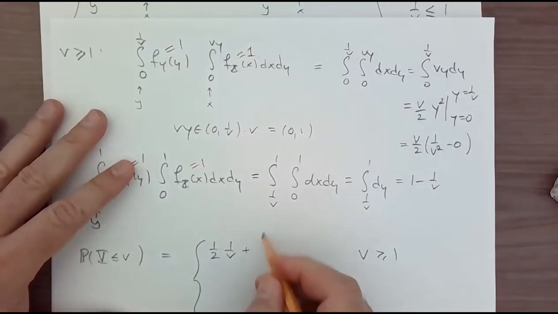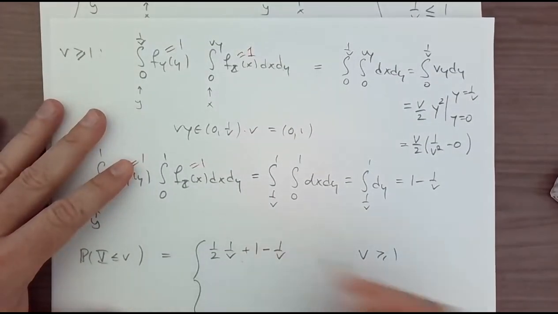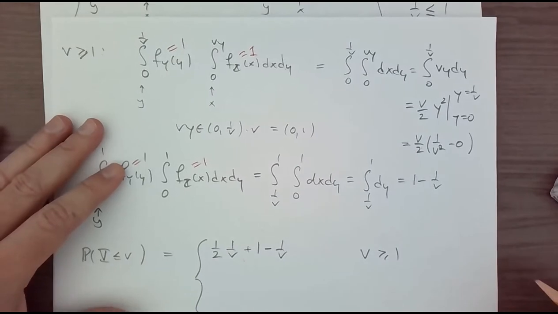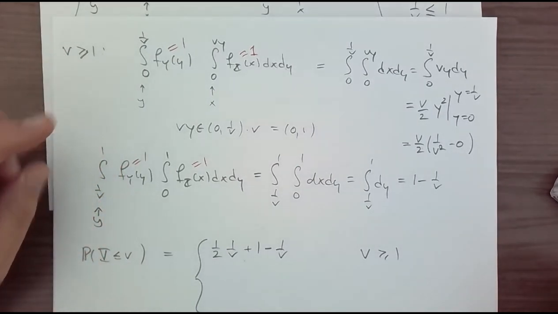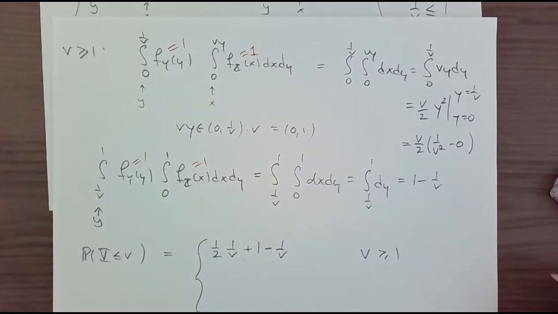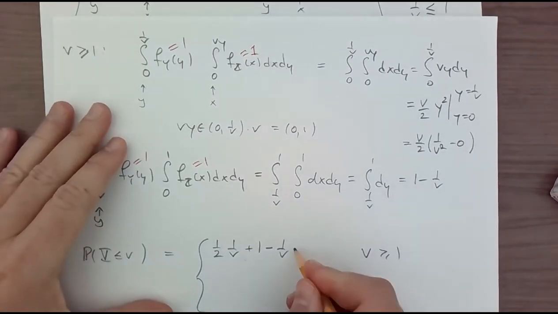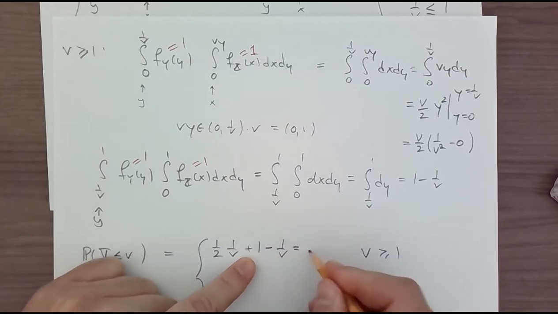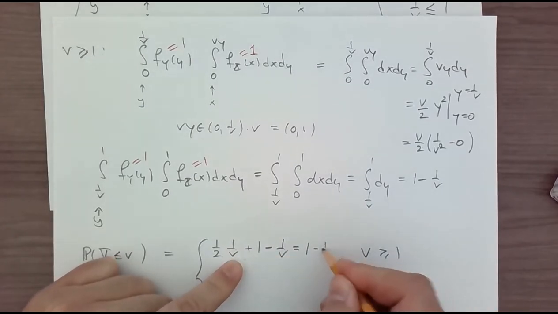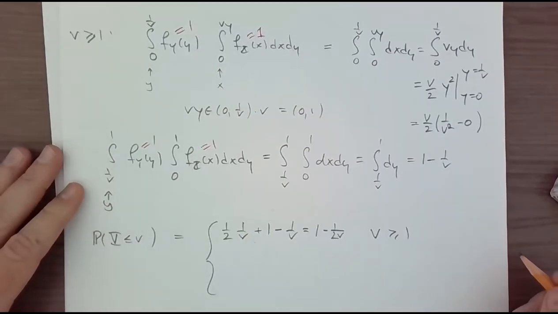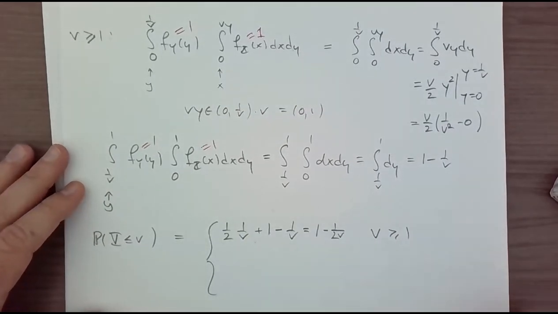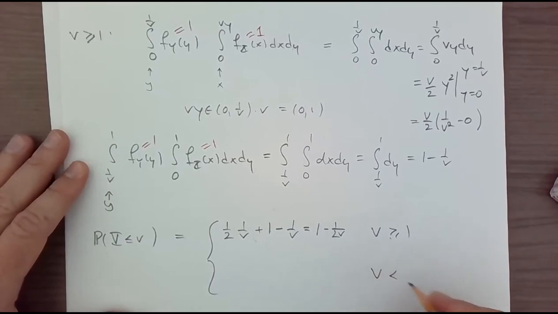The second one was 1 minus 1 over v. And I think we can combine all this stuff. This is going to be 1 minus 1/2 times 1 over v. That was when it was big. What about when it's small?